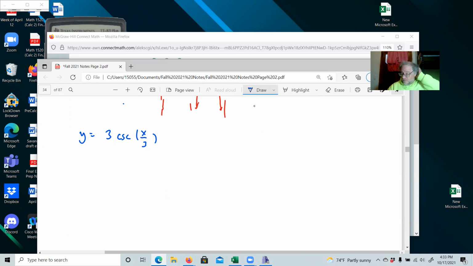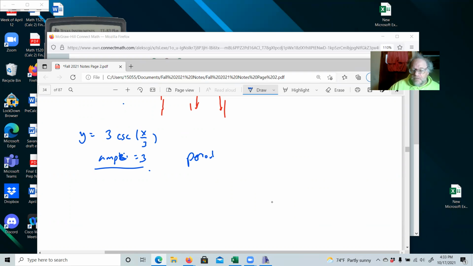So amplitude is 3. I learned this stuff. I don't think they liked having amplitudes with things that went off to infinity. So I never really got used to calling this an amplitude, but I think your book does, so we'll stick with it. But we need the period.